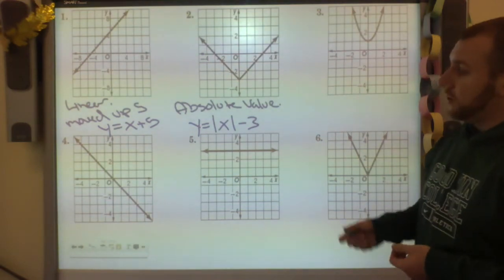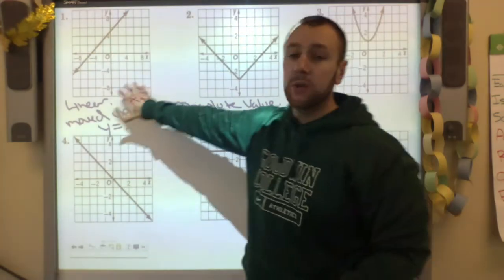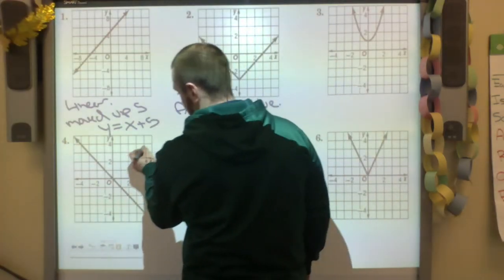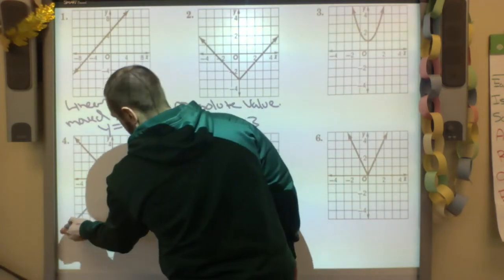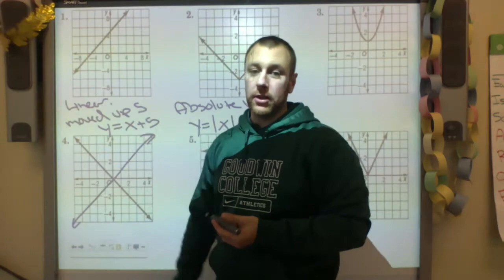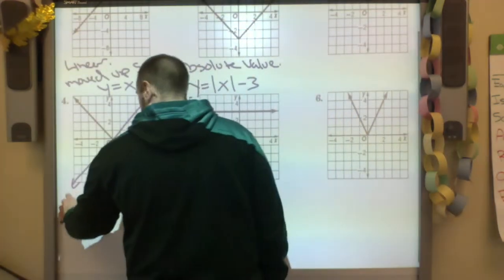Now, the tricky part about 4 is that it didn't move anywhere. Normally it's like this. And now it's pointing the opposite direction. Well, number 1, it's still linear.